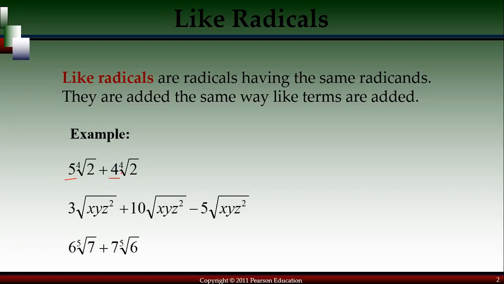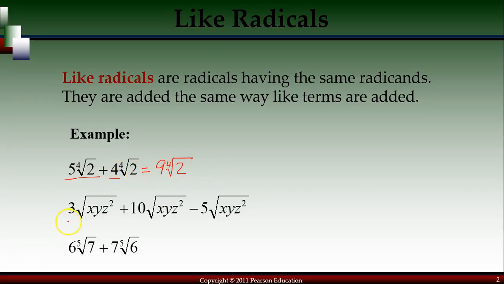So you add together 5 and 4, and the solution to this addition problem would be 9 fourth root of 2. Just like treating this as x, like 5x plus 4x, you get 9x.